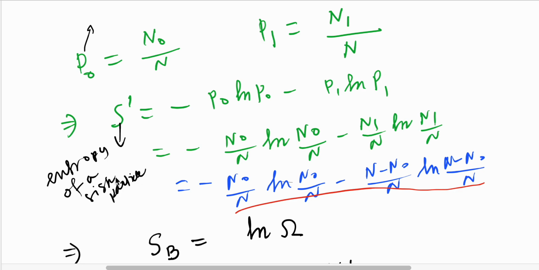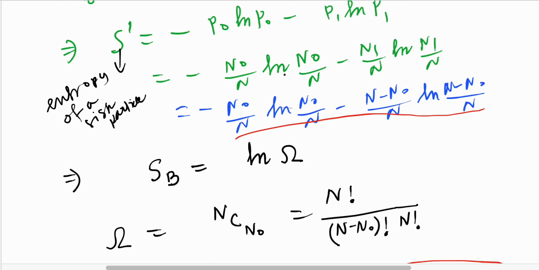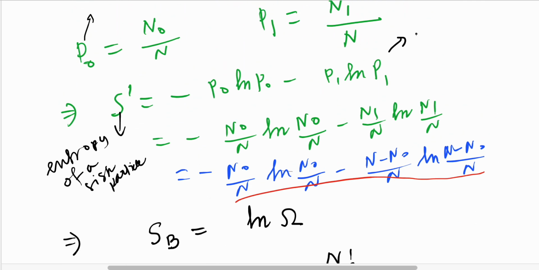So this is actually the entropy of that single particle. We know that in the thermodynamic limit, entropy is an additive quantity.